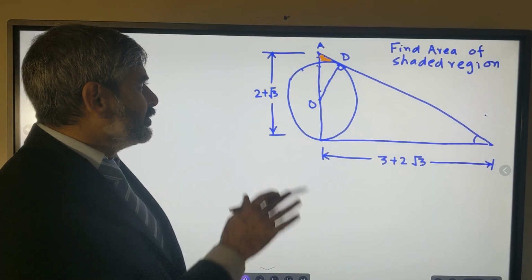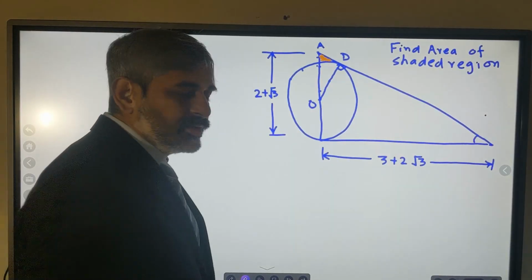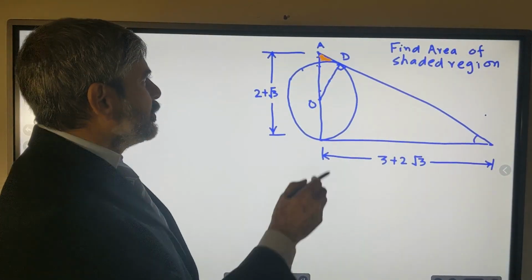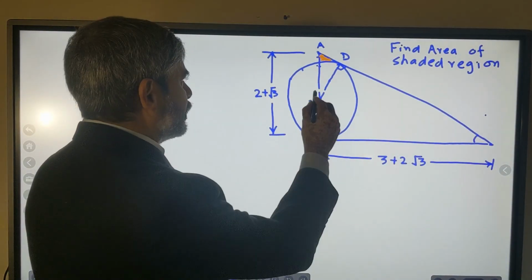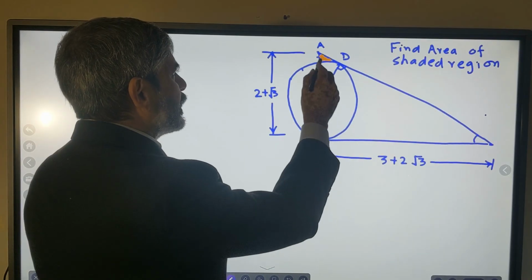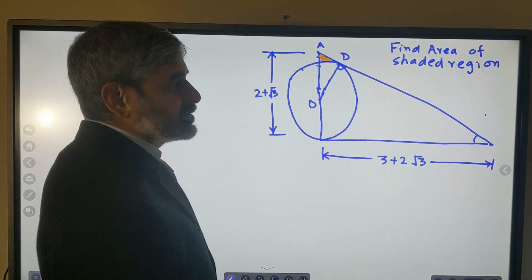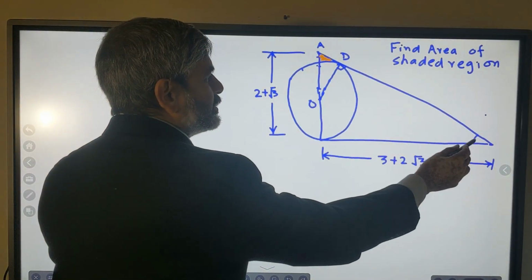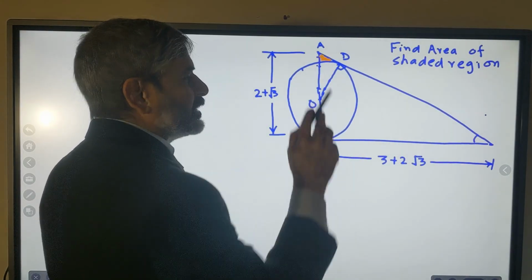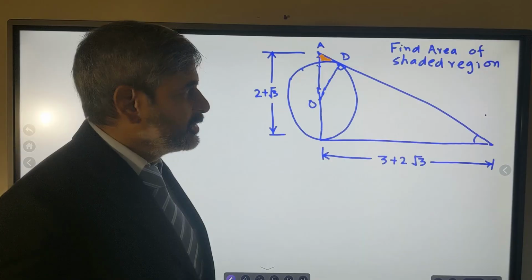So to start with, one thing you notice is that if this angle is, let's say, theta, then this angle is 90 minus theta, because this is 90 degrees.